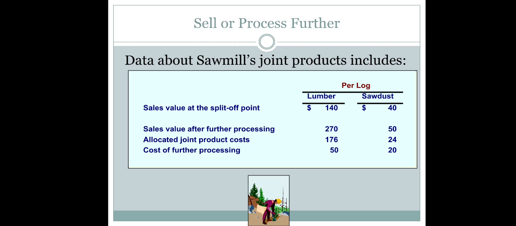If the business processes the lumber further, then the business can sell the processed lumber at $270. If the business processes sawdust further and it becomes presto logs, then the business can sell the presto log at $50.